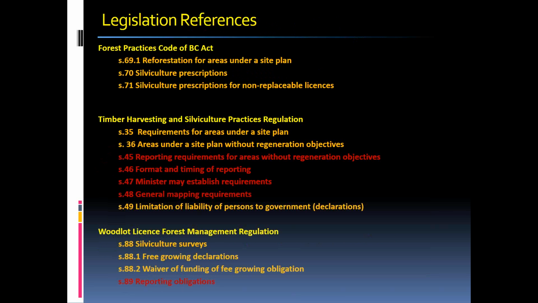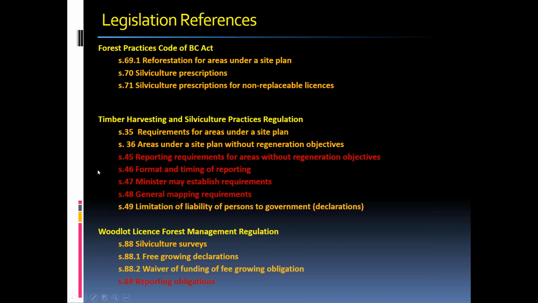And so what happens is that we have silviculture prescriptions. We also have ones that are called site plans without regeneration obligations. And this is things like commercial thinning or intermediate cuts. So they might not have a regeneration obligation, but there's still a requirement to confirm that the stocking has been met after a certain period after the harvesting has taken place.